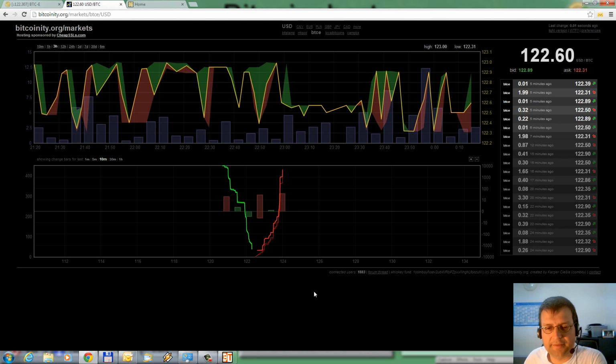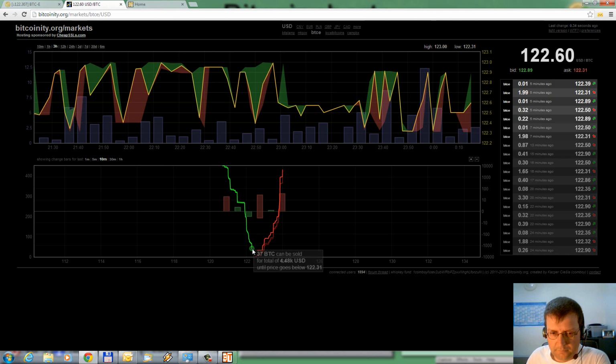So what you can see here is that the price is likely to bounce between these two levels. The price will stay, well, maximum should be about 133 USD, and minimum is a little bit more than 122 USD, like 122.3 USD.